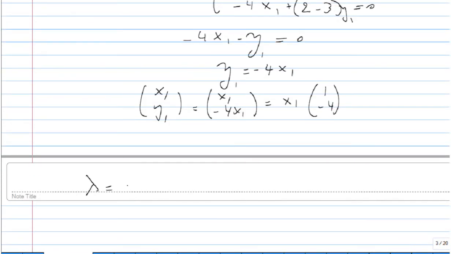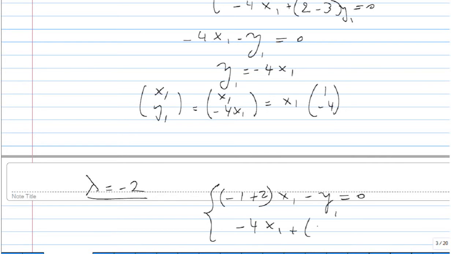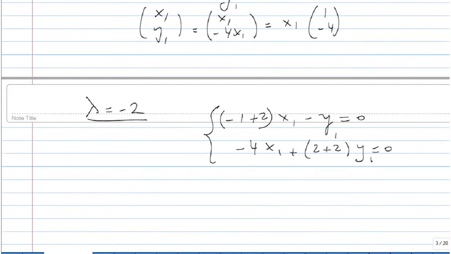And now we go to lambda equals minus 2. The system in this case is minus 1 plus 2, because this is minus lambda, x1, b, y1, and then c x1 plus d minus lambda y1 equals 0, which gives us minus x1 minus y1 equals 0 and minus 4 x1.